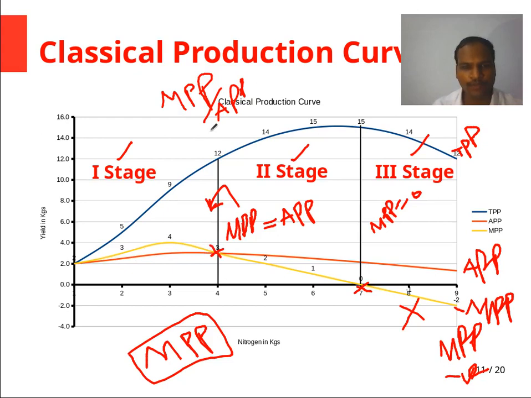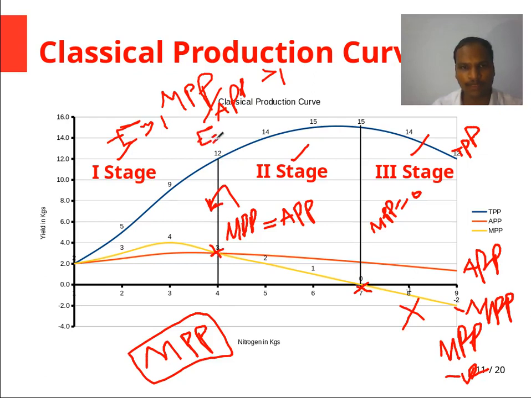So when MPP is higher than APP, we will absolutely get values more than 1. So here the elasticity will be more than 1. At the end of the first stage, we know that MPP and APP are equal, 3 and 3. So here we get the elasticity as 1.